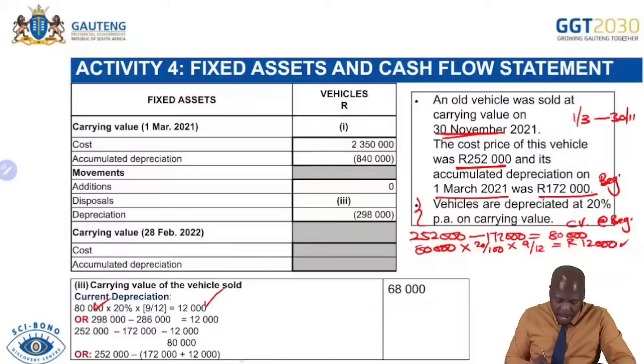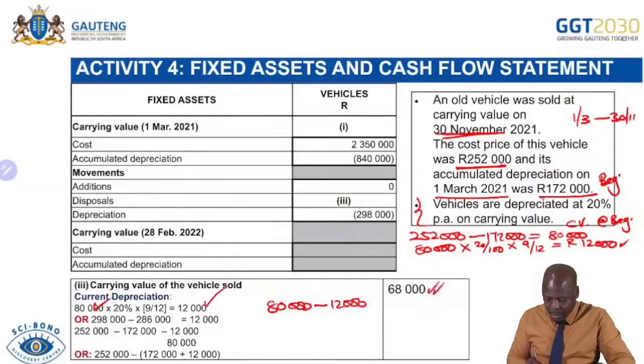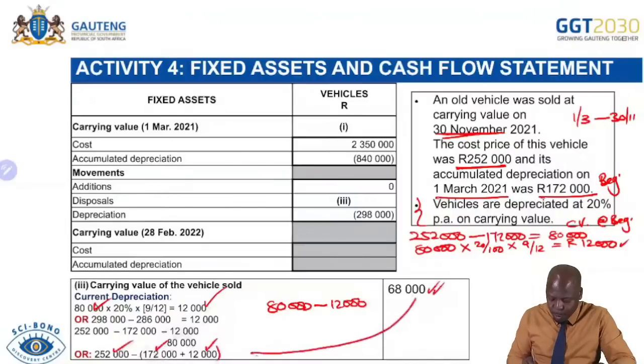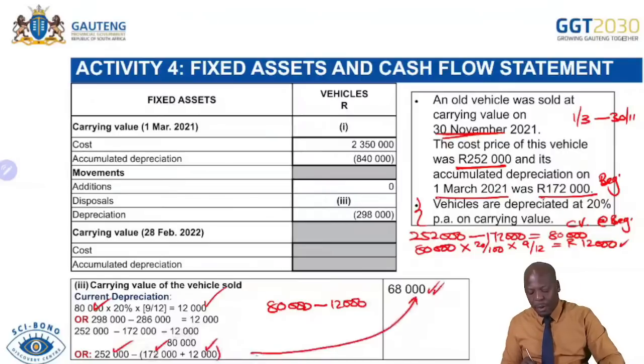On that 80,000, I can then subtract the 12,000 to get the 68,000. The other way was to get the 252, which was the cost, then you open your bracket, then you say 172, which was the accumulated, plus the depreciation for this year. It would still bring you to the 68,000.